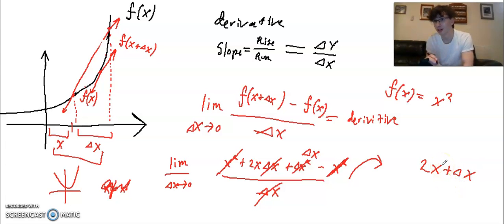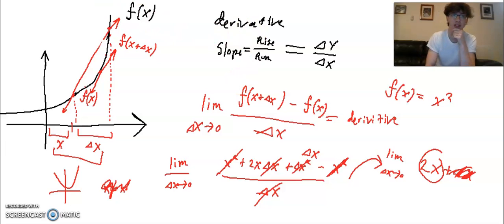So we are really close to what our derivative is. But don't forget this part right here. This is the important part. The limit as delta x approaches 0 of 2x plus delta x. And when delta x approaches 0, well, this just goes away. So we're left with 2x.